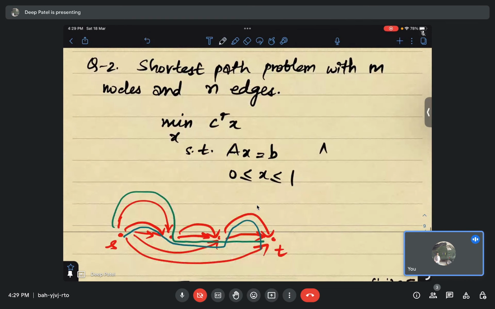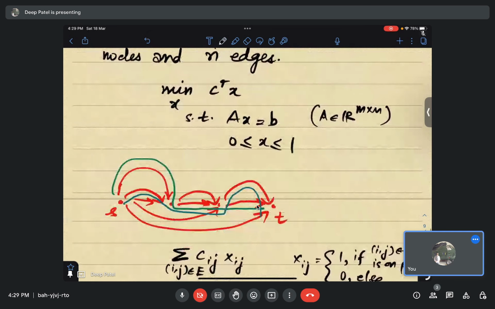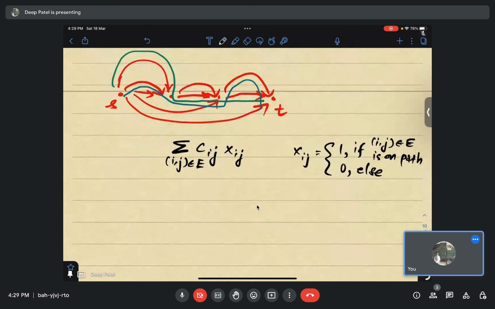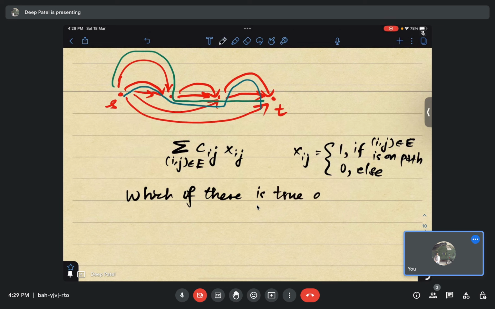So A is in R^(m×n). The question is, which of the following is true about the matrix A?